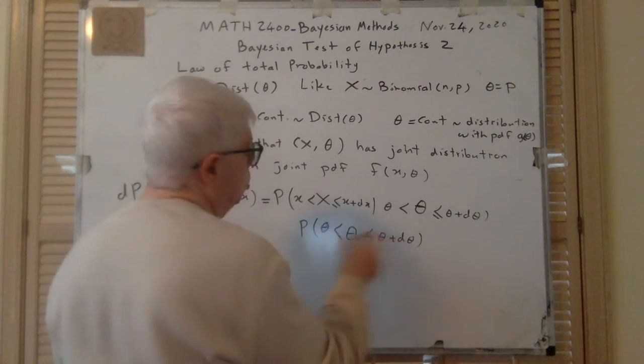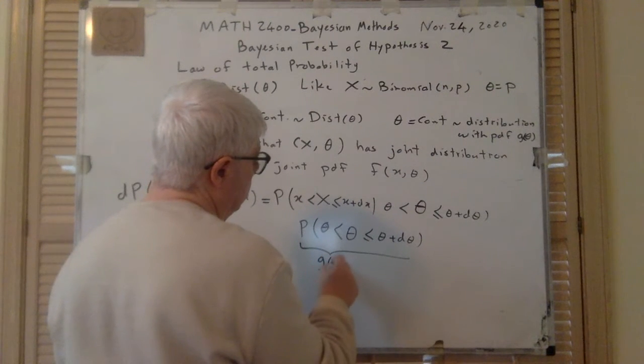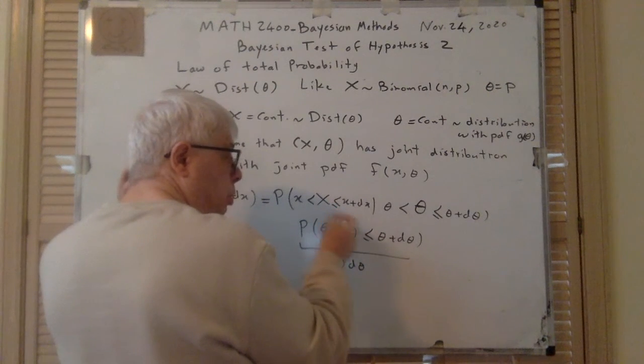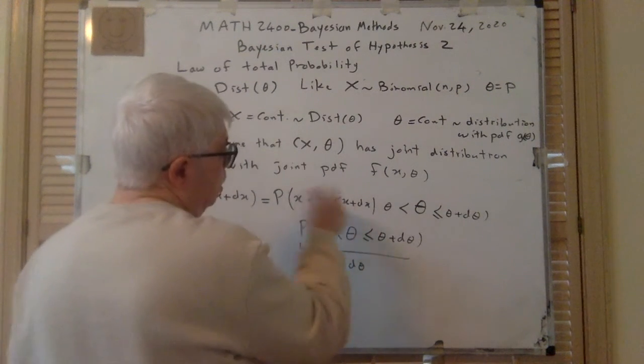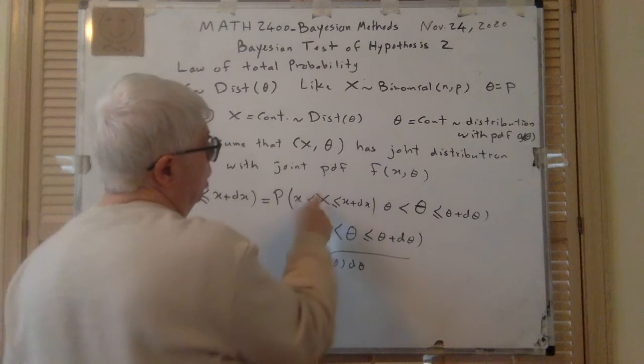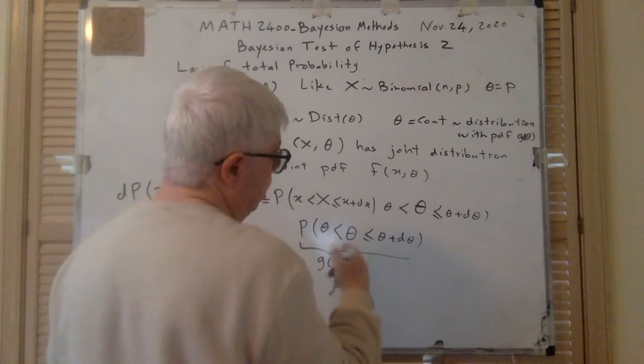Similar to the previous case, this is in fact the marginal g(theta) d theta. And this part results in that function f(x, theta) dx. So we have both dx and d theta.